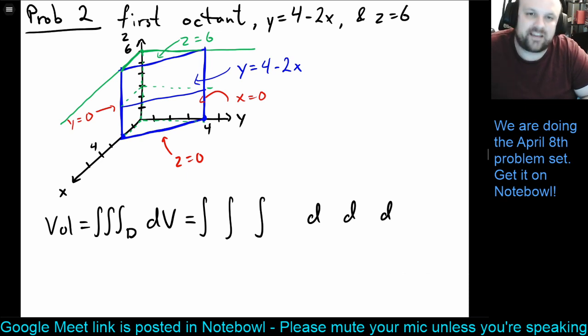Once we pick an order, we can't really change it, but this problem should be doable in any order without any issue. So, any suggestions for a variable to integrate with respect to first? Well, an order to integrate in. What's first, second, and third? Anything is fine.